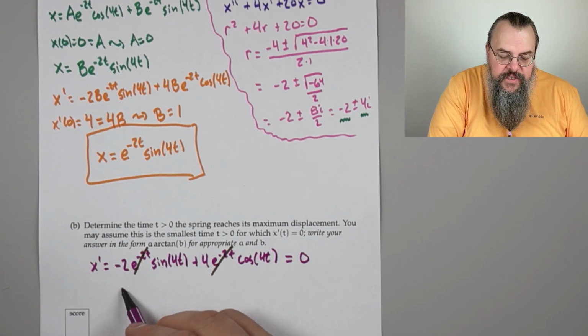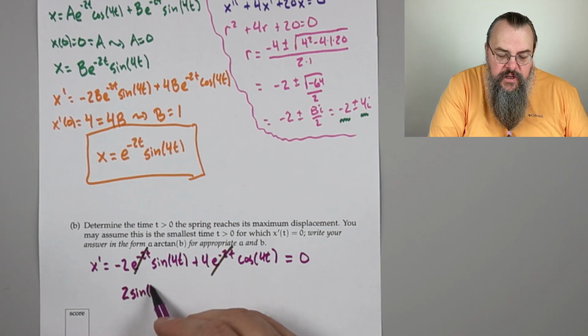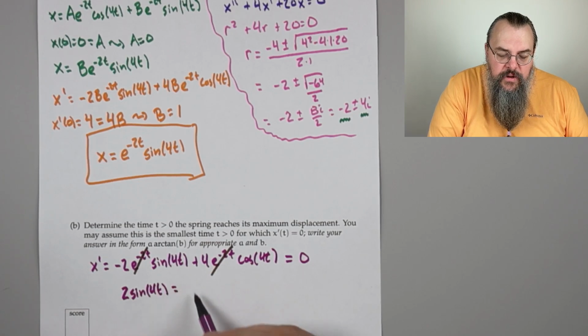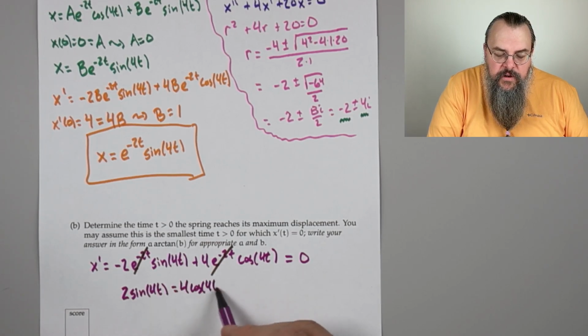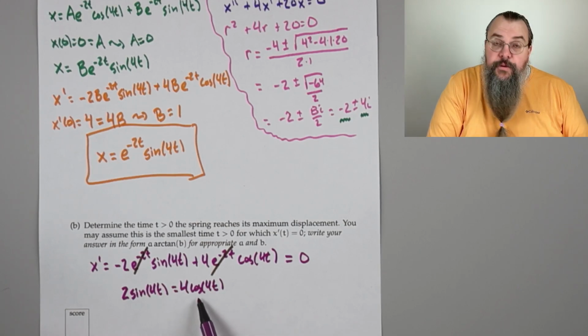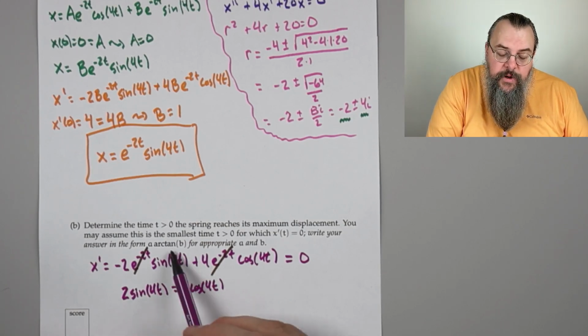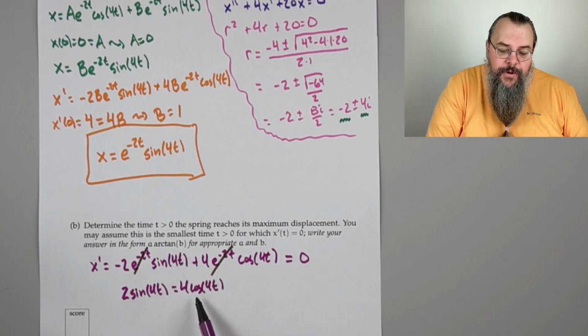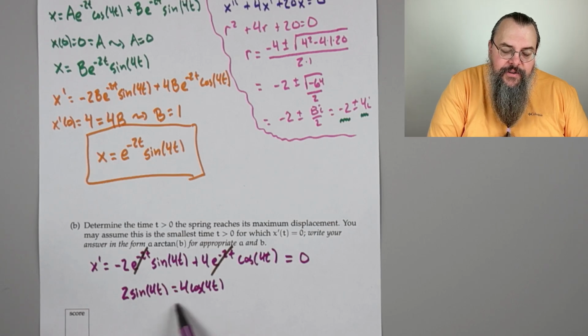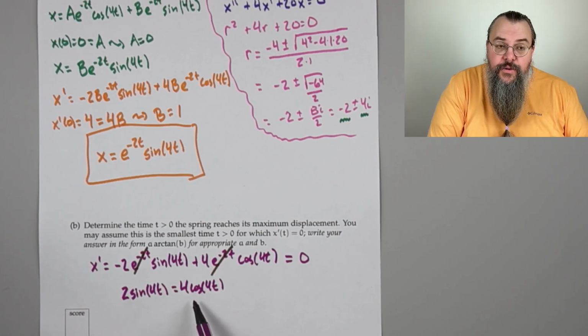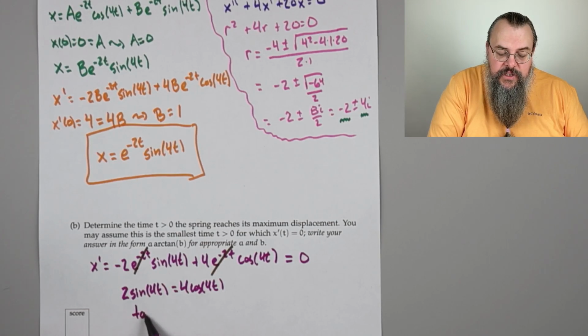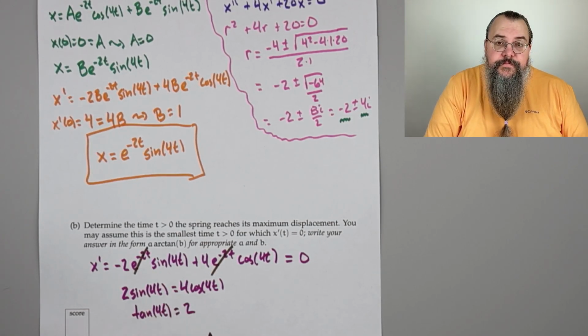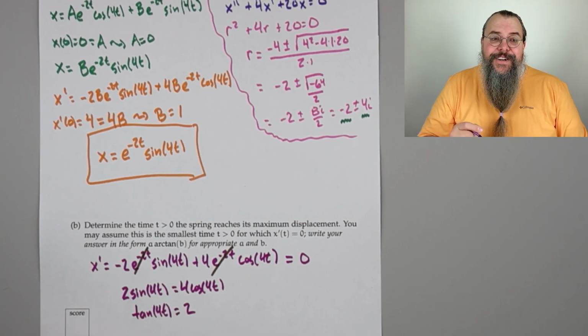Or you could rearrange this and say 2 sine of 4t equals 4 cosine 4t. Now, if we think about this, we're heading for arctangent. How to get to arctangent? You can divide. If I divide by the cosine and divide by the 2, that's the same as tangent of 4t equals 2. We're almost there.